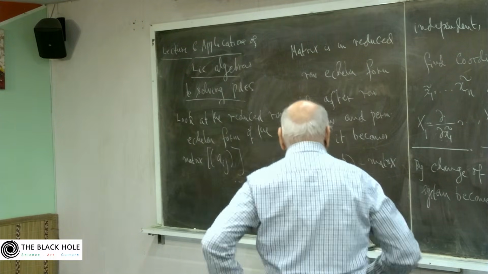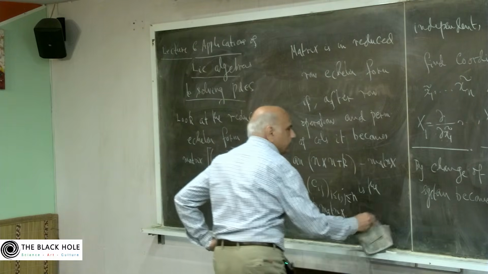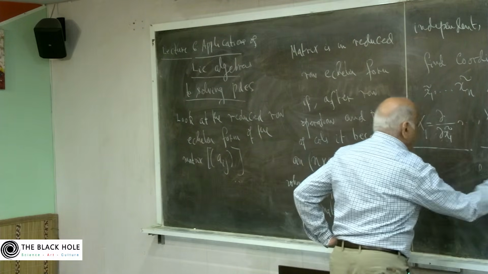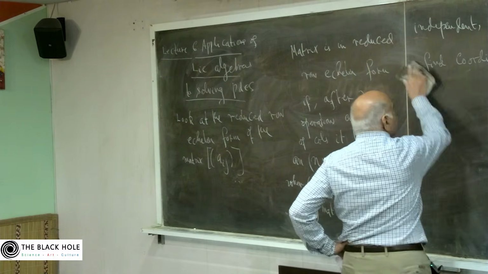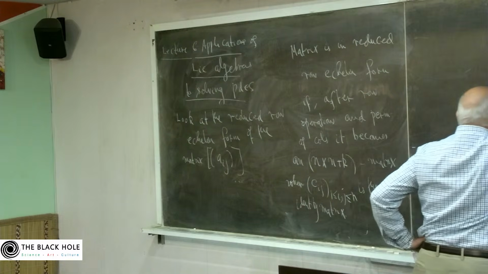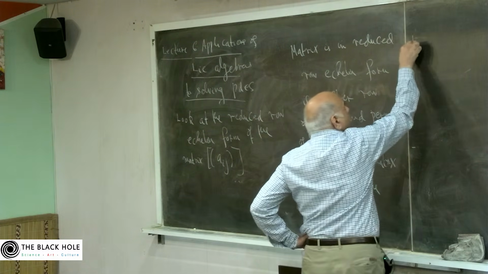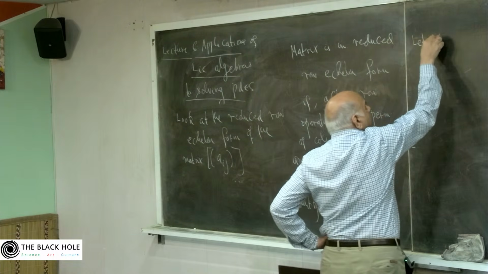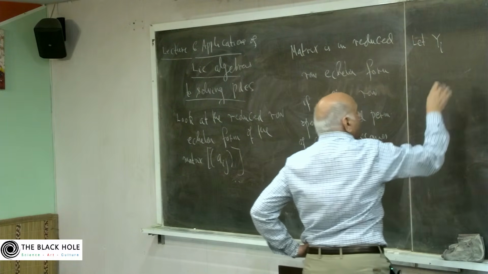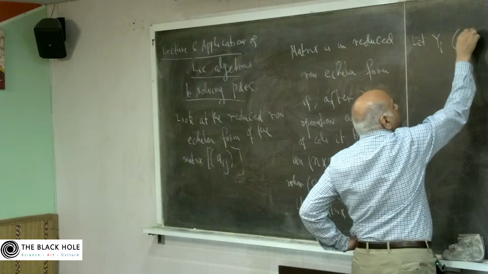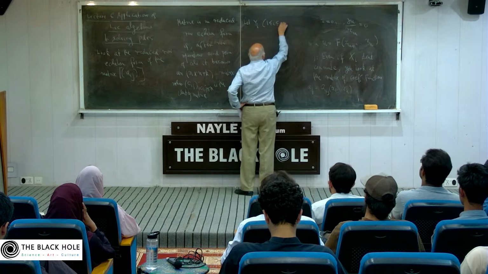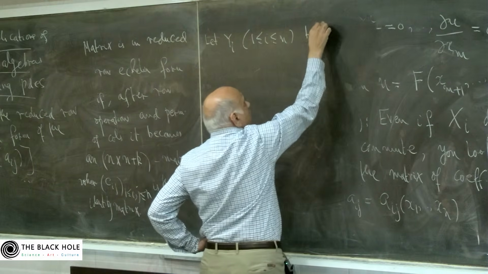And now the result is that after you have reduced it to row echelon form, you look at, let yi be the corresponding vector fields.